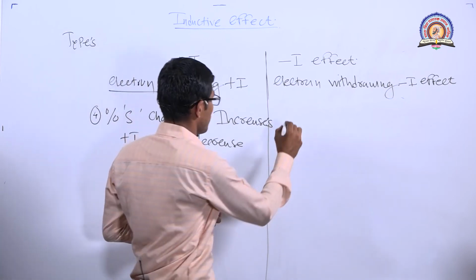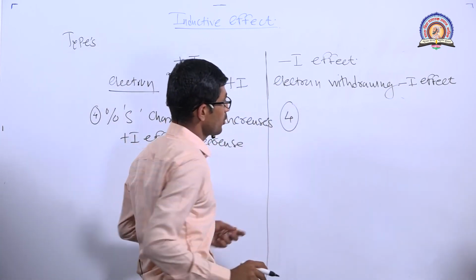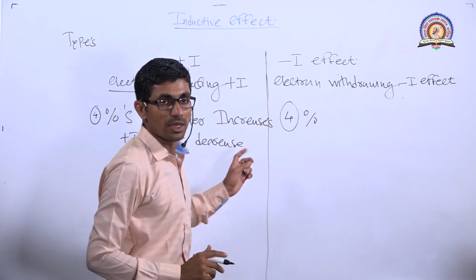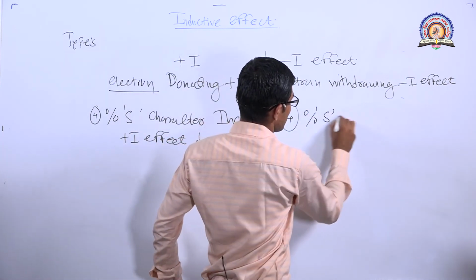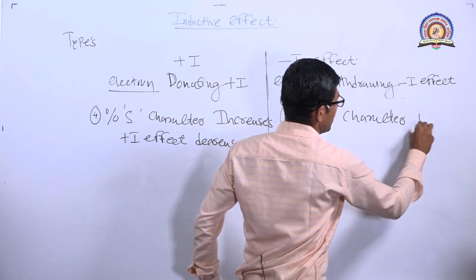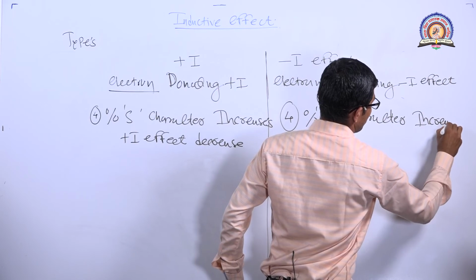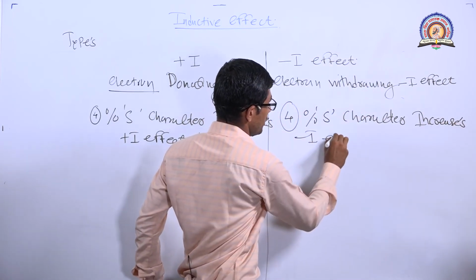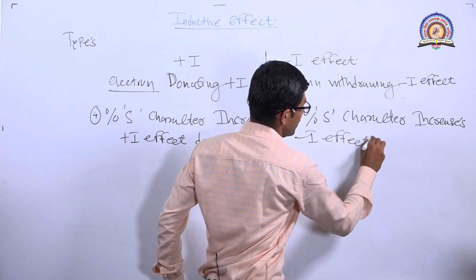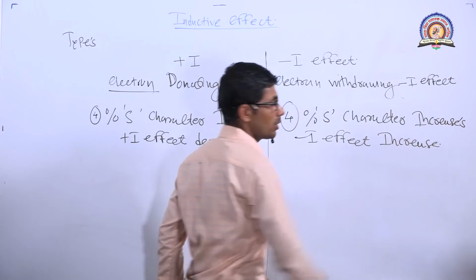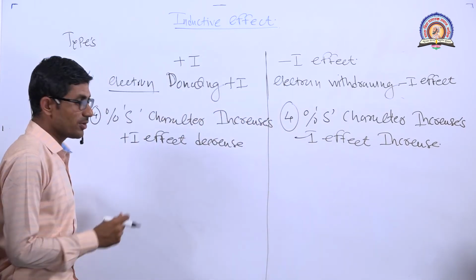This is the last factor. And in case of minus I, we can see it in the opposite way: as the percentage of s character increases, the minus I effect increases. Okay, so we will come to an example.